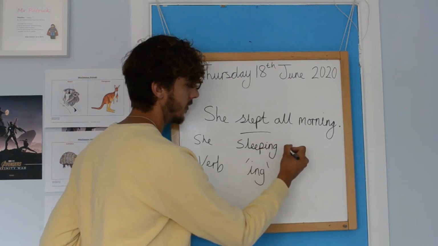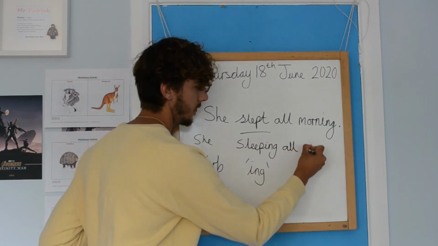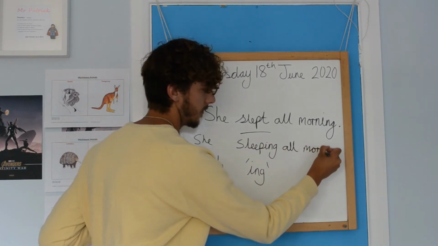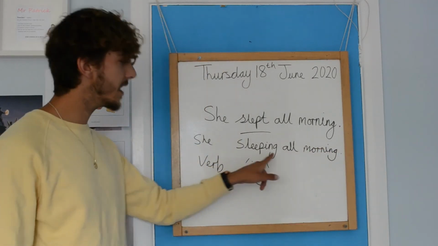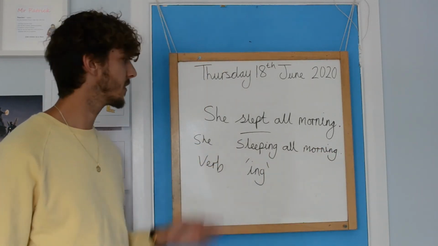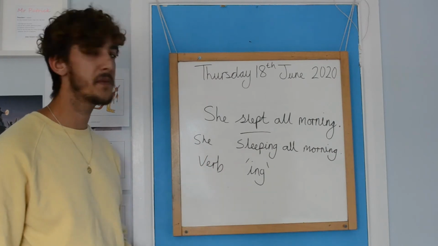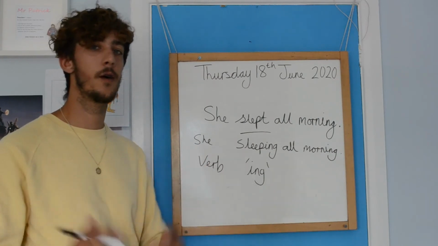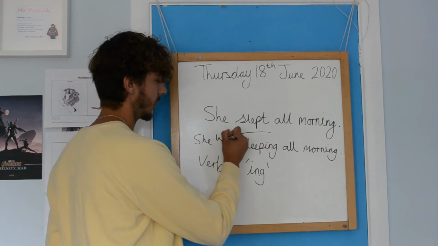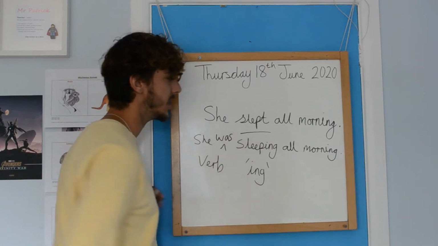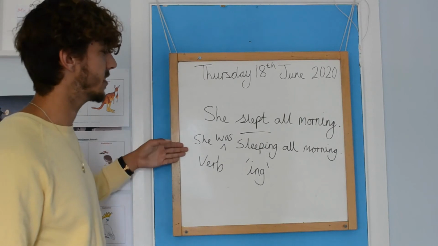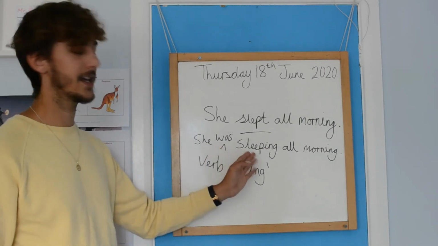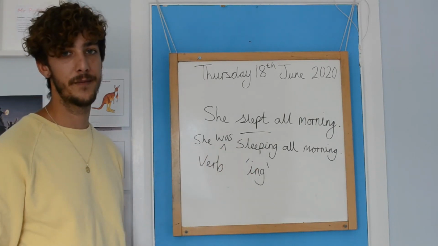Sleeping all. Okay, so we've added the ing to our verb, brilliant, but it's not quite done. She was sleeping all morning, okay? So we can edit that in. She was sleeping all morning. So we've changed from the simple past tense into the past progressive tense, adding our ing to our verb.